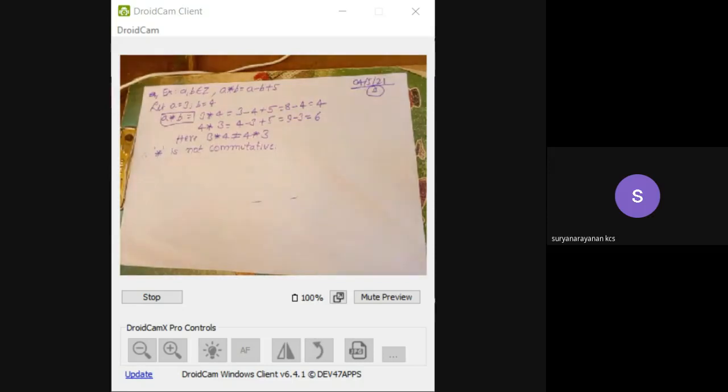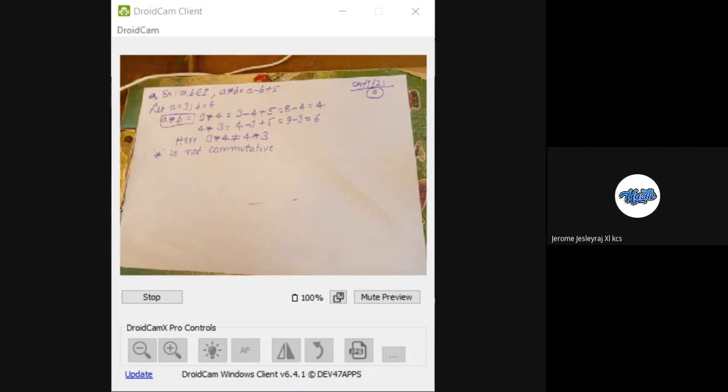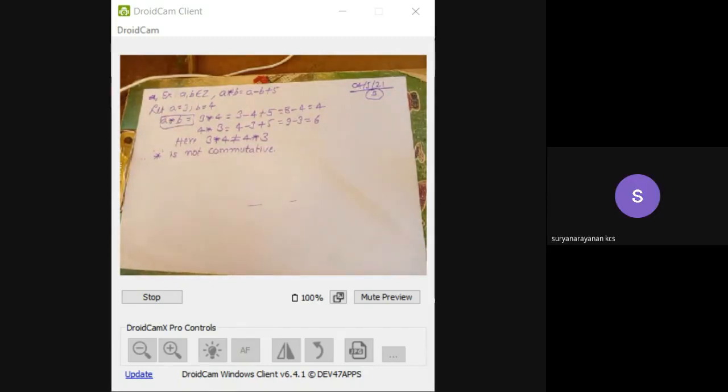commutative property. Can you tell me, Jerome Jasliraj, what is meant by commutative property? Like A plus B is equal to B plus A, sir. Under which operation are you telling this? Under addition, sir. Very good. You have to say that clearly. In general, to state the commutative property in this class, you have to say A star B is equal to B star A. Okay, my children, remember this point.